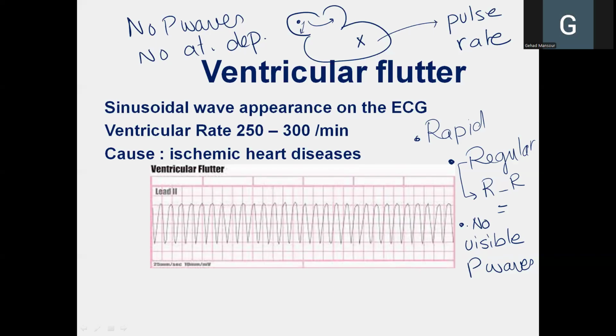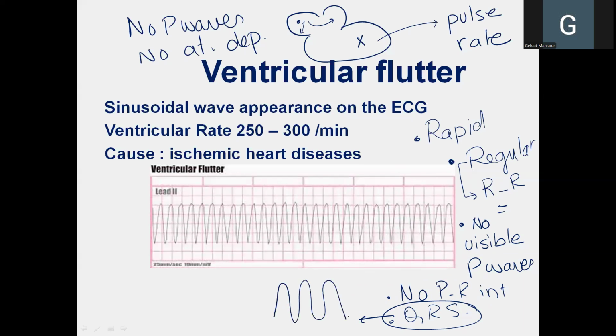Furthermore, of course, since there are no visible P waves, there are no PR intervals. Furthermore, the QRS complexes are different. They do not consist of QRS complexes. They are just sinusoidal waves. So again, it's a rapid rate.